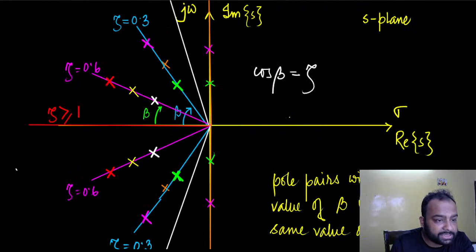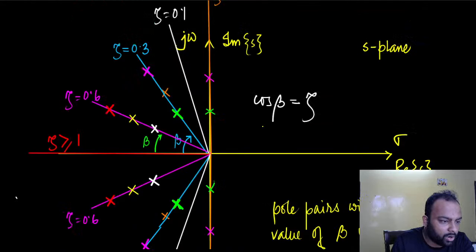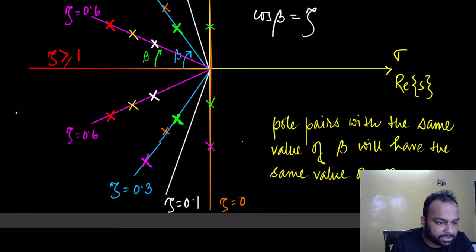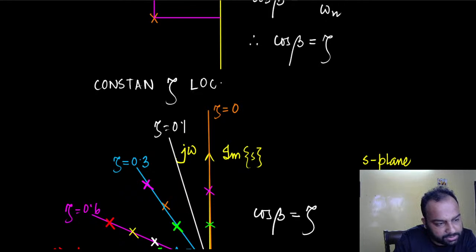So this drawing here is called, the problem is I do not have any place to put the caption on this drawing. This is called the constant damping ratio locus, so constant zeta locus. Since there are multiple locus, we have loci.